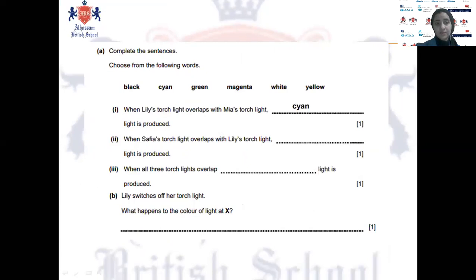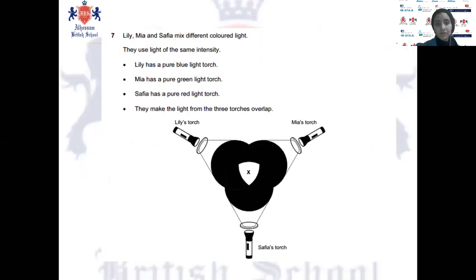Next. When Safia's torchlight overlaps with Lily's torchlight, Safia is red and Lily is blue. Magenta.